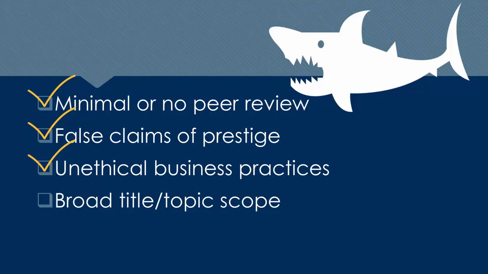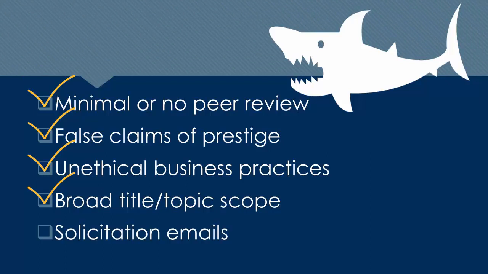Predatory journals often have such broad titles that you could imagine almost any article topic being appropriate to the content. Often, authors are made aware of these journals because the publishers send emails directly to faculty, saying something like, "We've heard of your work and would very much like to publish your next article."